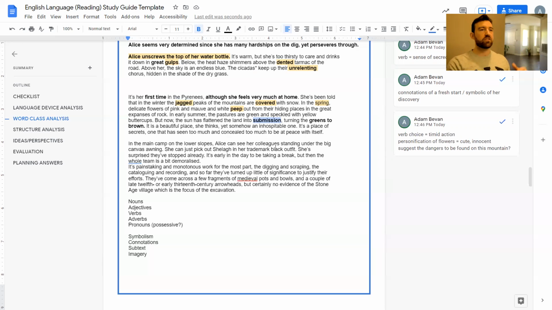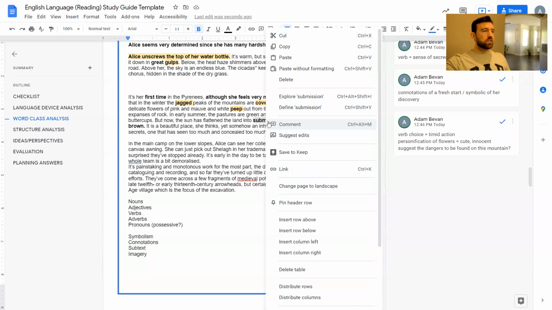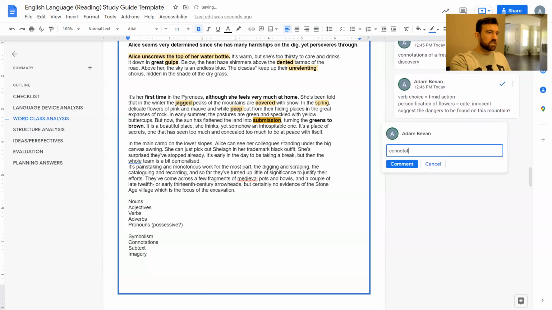I don't think that my first interpretation, that the flowers create this cute, innocent vibe, is right, because now we've got this word submission. So the word submission, of course, has connotations of backing down, surrendering to the nature and the setting of this location.